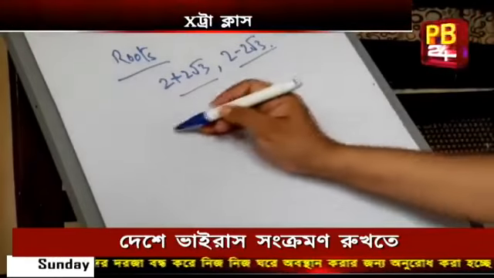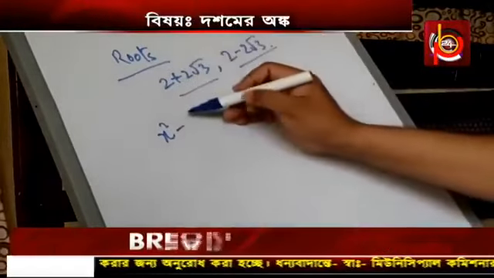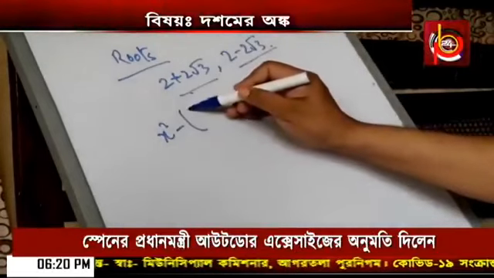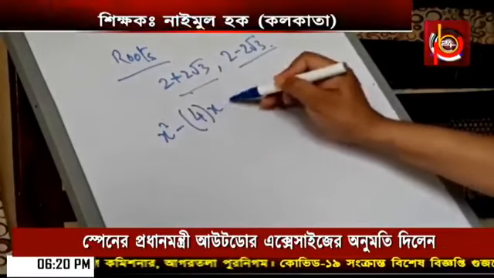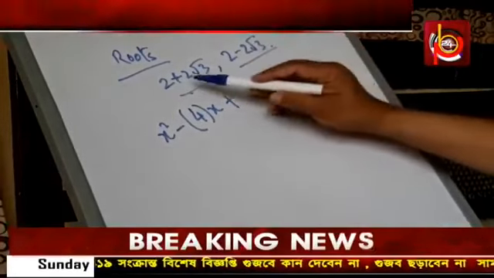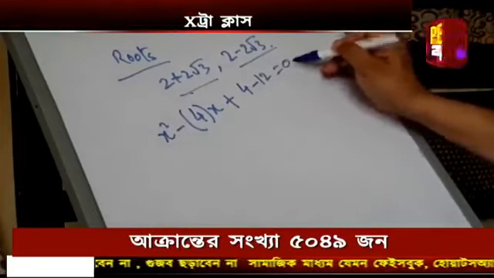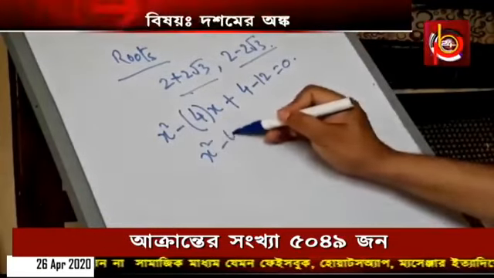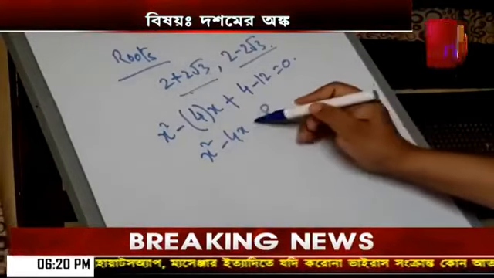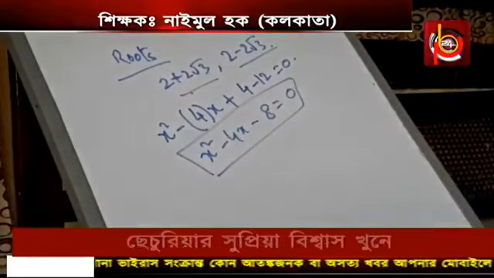See, x square minus the sum of the roots, this plus this, obviously this is cut, so it is 4x, plus the product, a plus b into a minus b, means 4 minus 12, equals to 0. This is x square minus 4x minus 8 equals to 0.